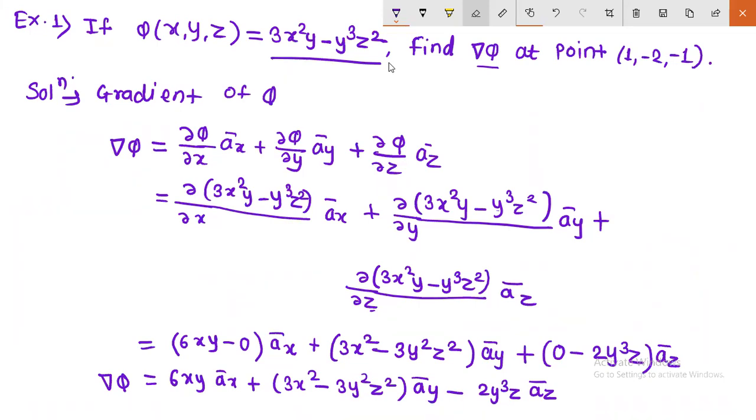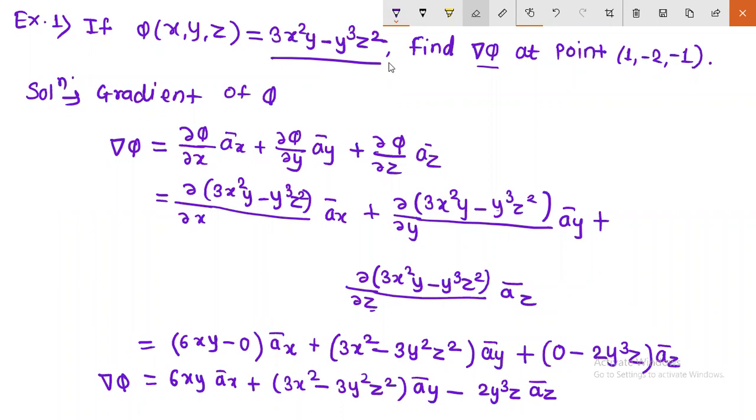Now we have to find del phi, but there is no dot product or cross product, so it is a scalar multiplication.